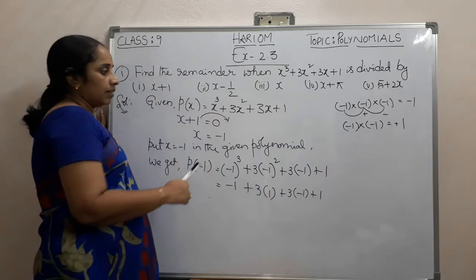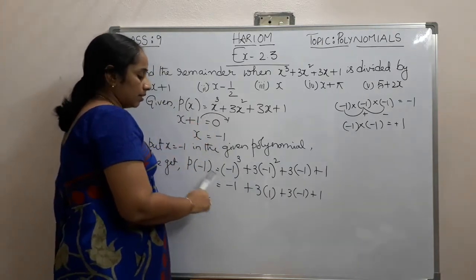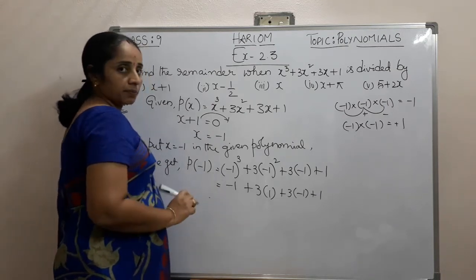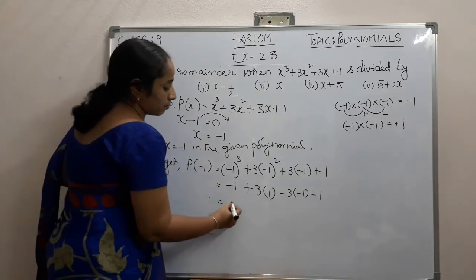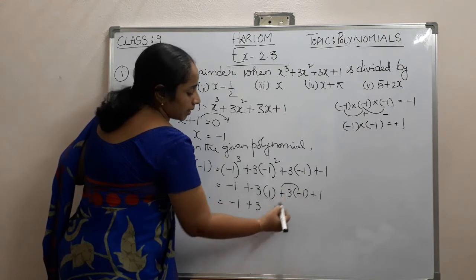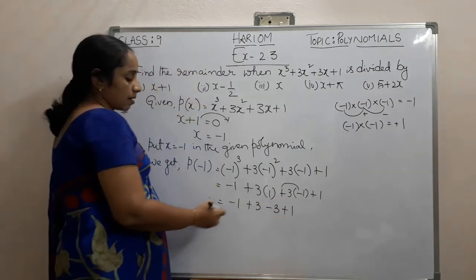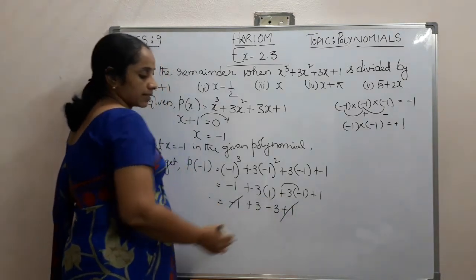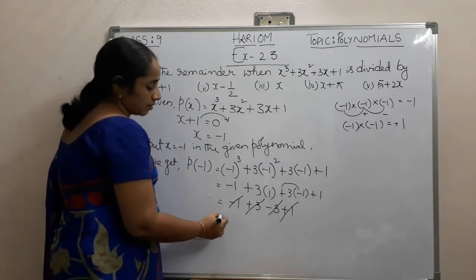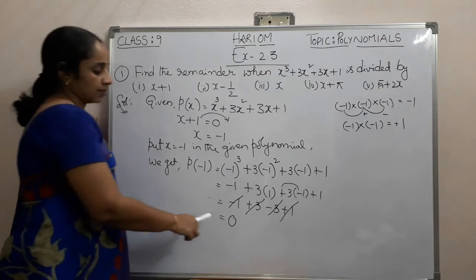Wherever we have x in the given polynomial, there we have substituted x as minus 1 and are doing simplification. Now minus 1, 3 into 1, 3, plus into minus, minus 3, plus 1. It is minus 1 plus 1 gets cancelled, plus 3 minus 3 gets cancelled. Finally it is 0. So the remainder is 0.